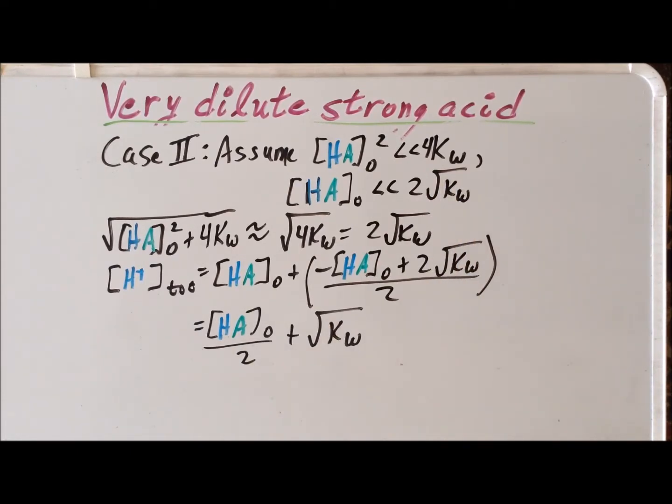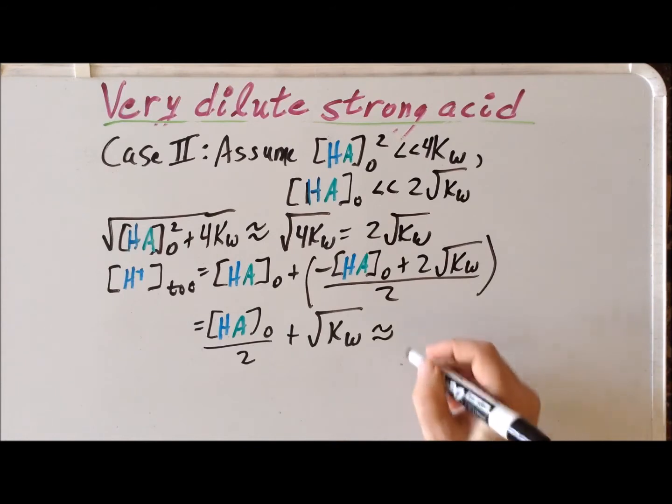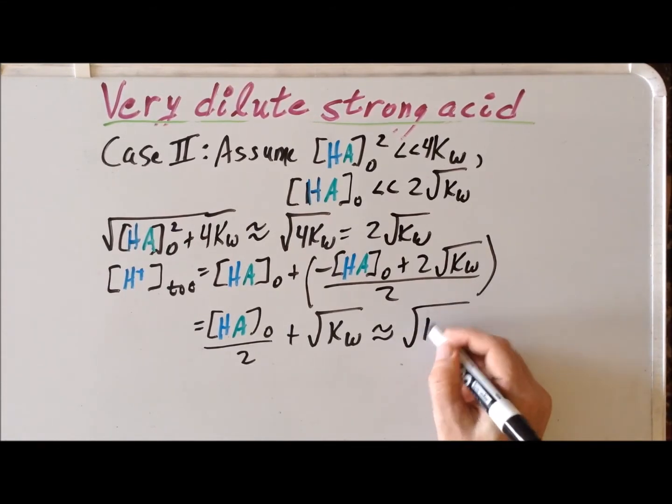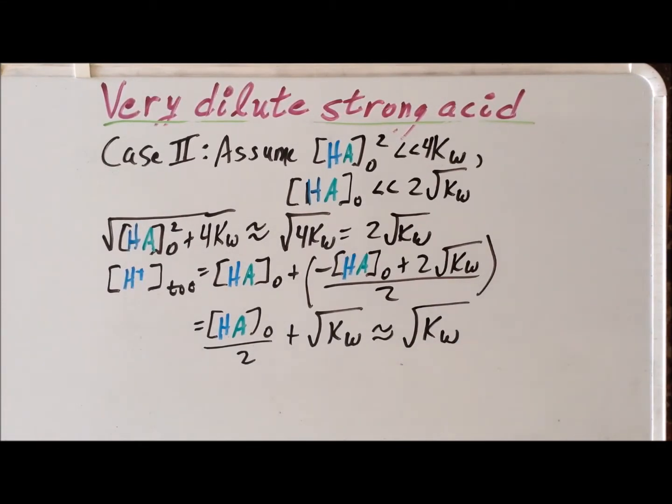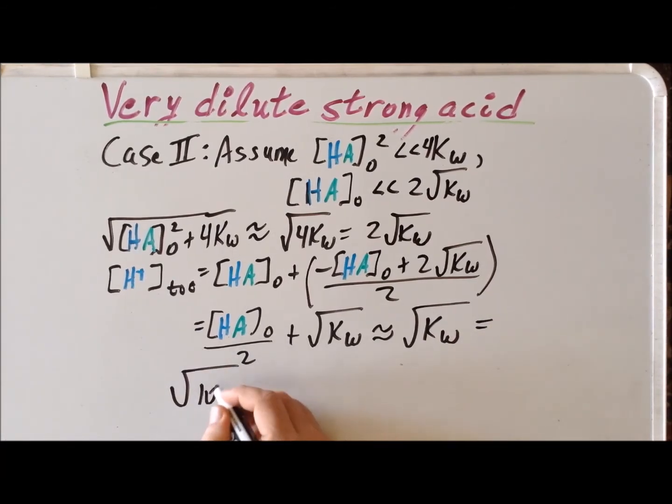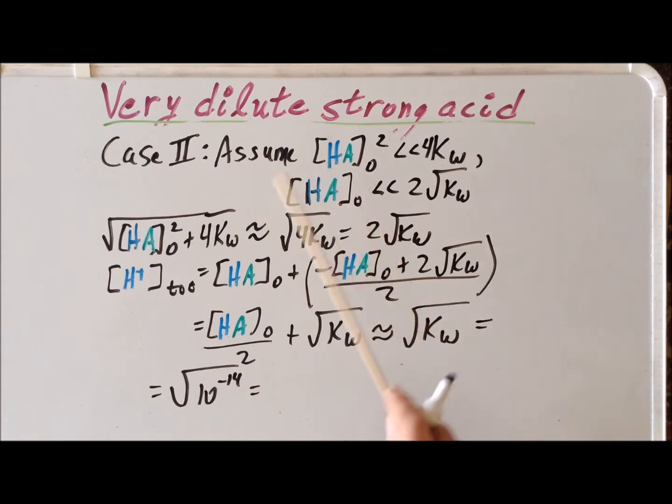Well, if we apply that here, we can ignore this term relative to this term, and the sum is going to be equal to the square root of K sub W. And we know that the square root of K sub W is going to be the square root of 10 to the minus 14.